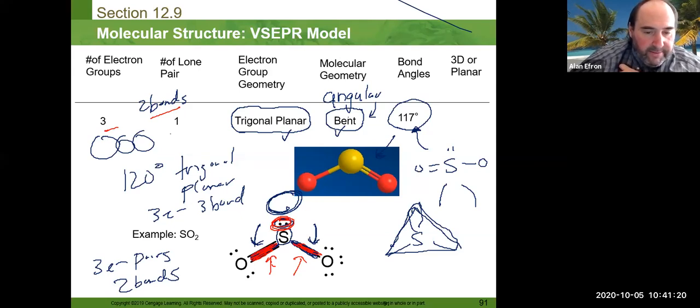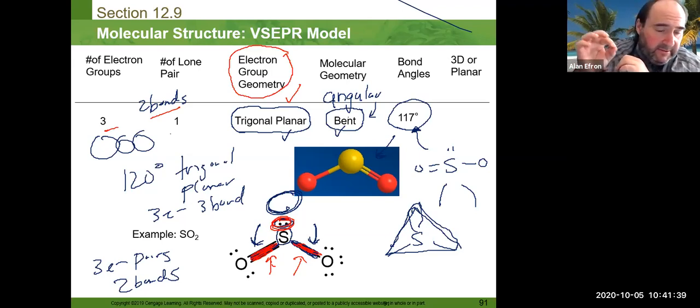The electron pair geometry here is still trigonal planar because it still has the 3 electron pairs. But what we now have is 2 types of interactions happening. We have bonding electrons and bonding electrons that want to get away from each other. We also have non-bonding electrons and bonding electrons, which don't like to be near each other even more, also trying to get away from each other.